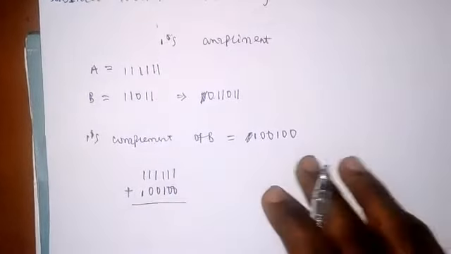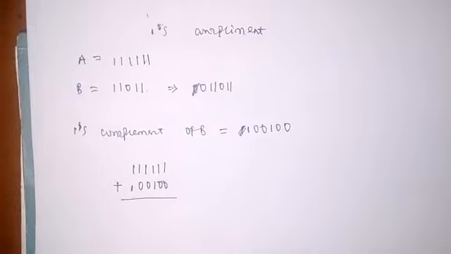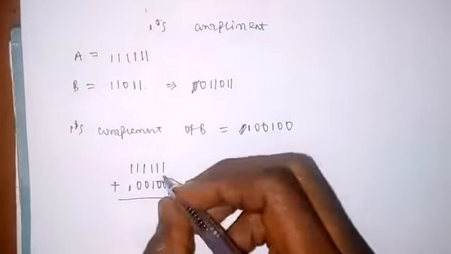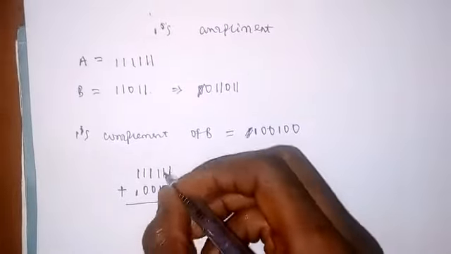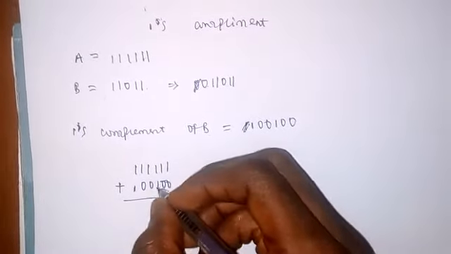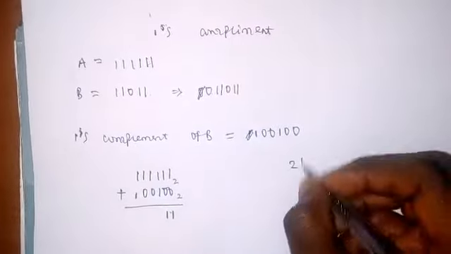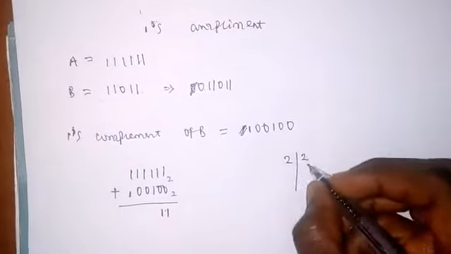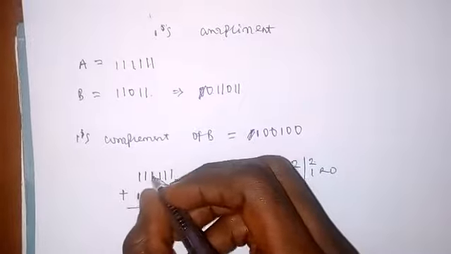Now you have to perform your binary addition, which I've taught you before. 1 plus 0 is 1, 1 plus 0 is 1, 1 plus 1 is 2, and remember you are on base 2, so you divide by 2 and it's 1 remainder 0. You write the remainder here and carry 1.